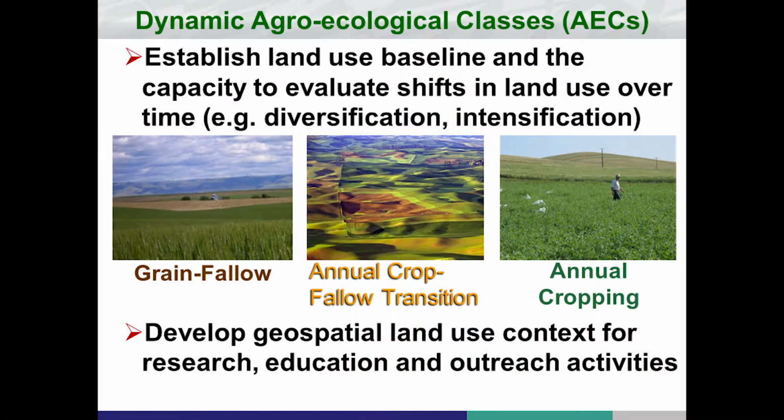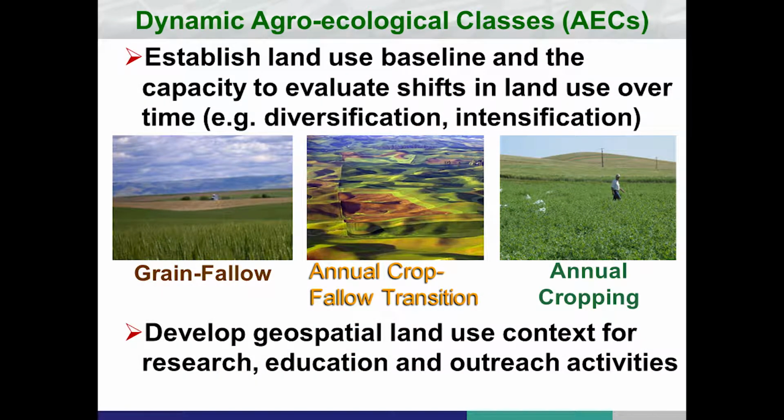We looked at the actual expression of land use on the ground, the result of not only the biophysical drivers but also the social and economic drivers, that is, what is actually produced on a given piece of land, and used that as a basis for classification.